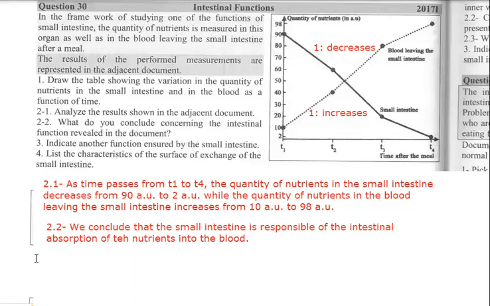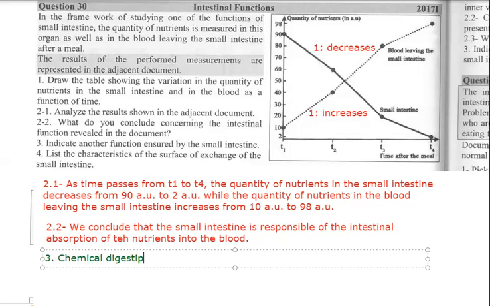So all of these enzymes will help in the chemical digestion that happens inside the small intestine. So another function of the small intestine is the chemical digestion of food.